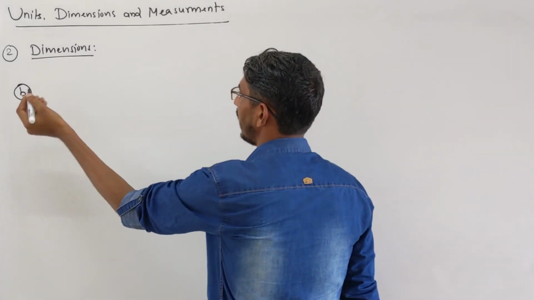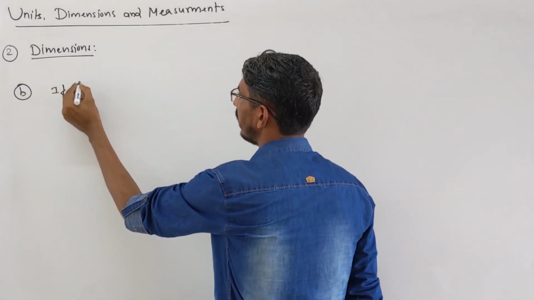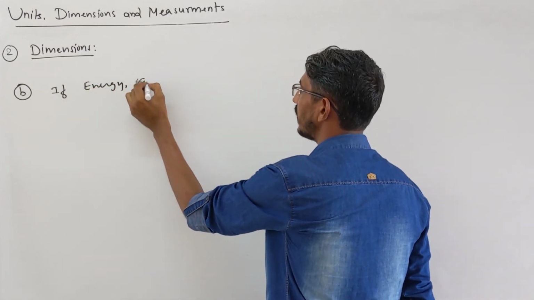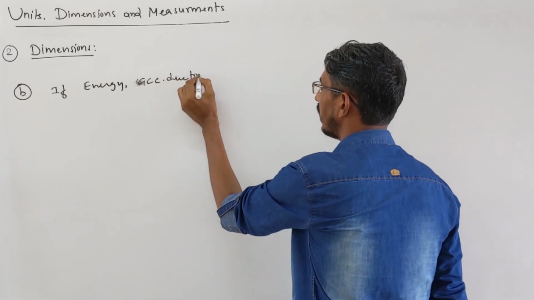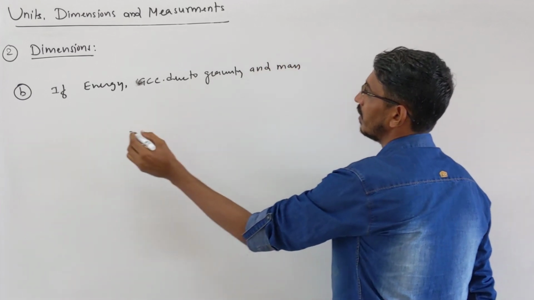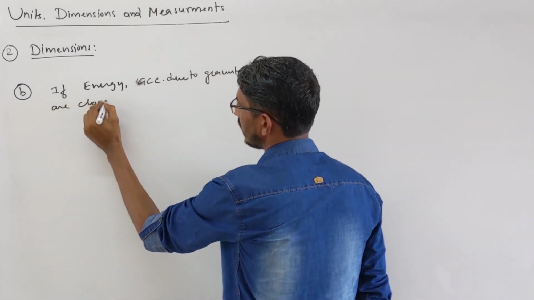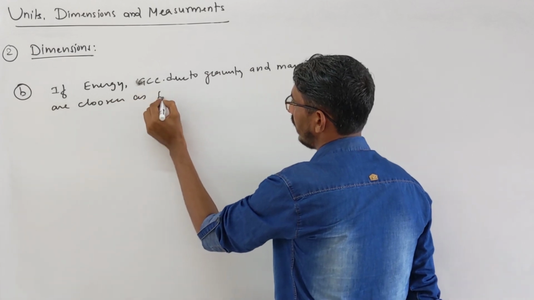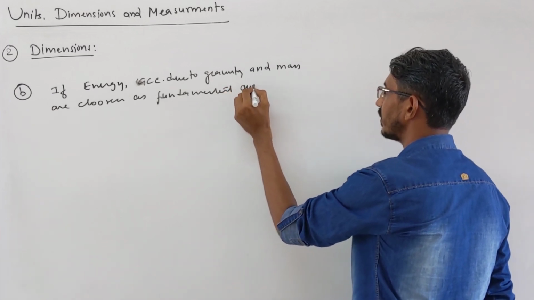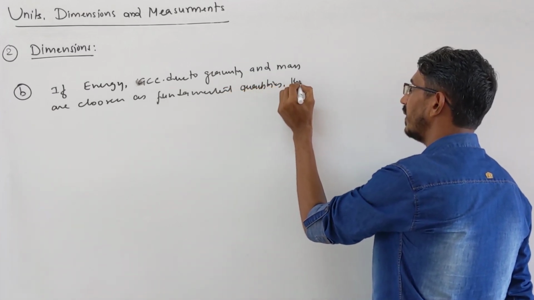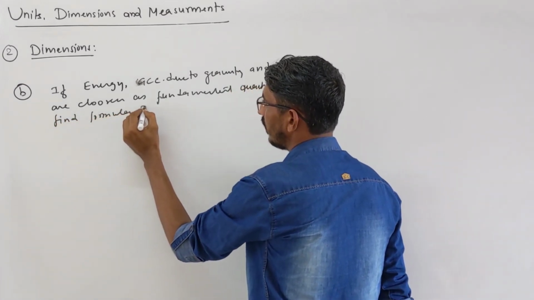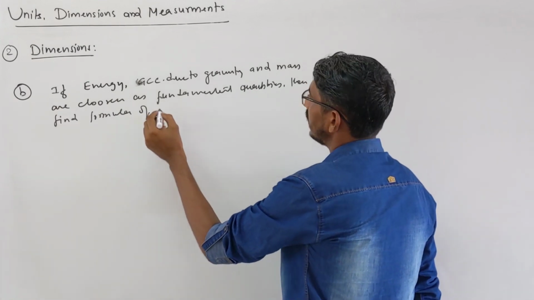Okay, let's see something like this. If energy, acceleration due to gravity and mass are chosen as fundamental quantities or units, then find the formula of time.